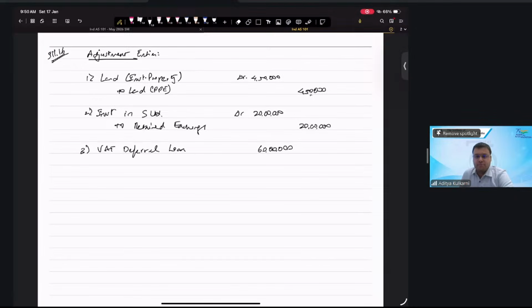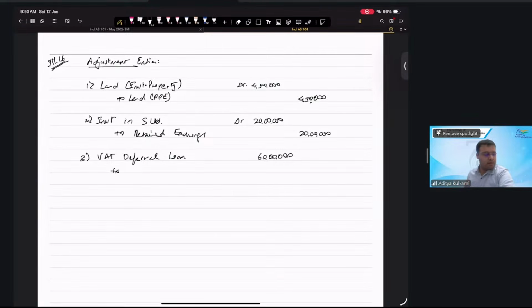No. Answer is no. Because when you are giving something without interest for a 10-year period, then there is no point in calling it a loan at fair value. Similarly, this is a VAT deferral loan. VAT was payable, it could not pay, so the government said, fine, you pay it over an extended period of time.